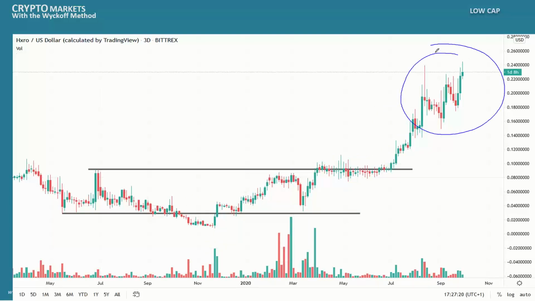I really like this picture, even though it seems like we've just experienced climactic action, but look at how much supply comes at that point. Not a lot, and then all of this is just diminished supply characteristics, and we're having a higher low, and now we're trying to overcome the previous high.